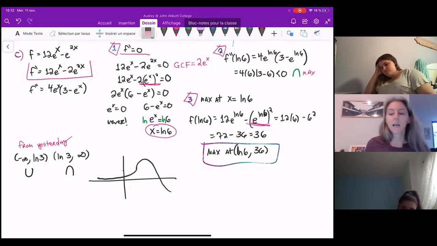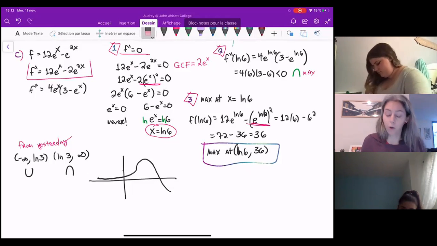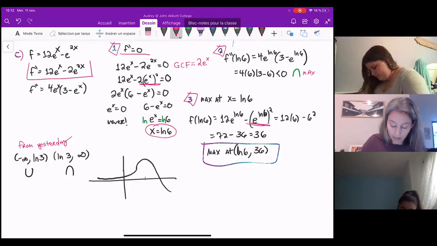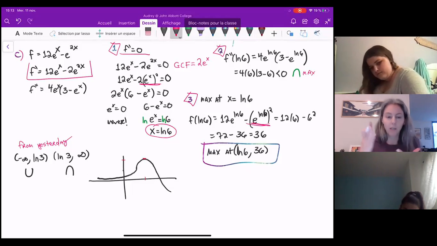And again, like I said, I don't want you to stress too much about the graphs right now, because we are going to be having very specific steps that we follow to eventually get these graphs.